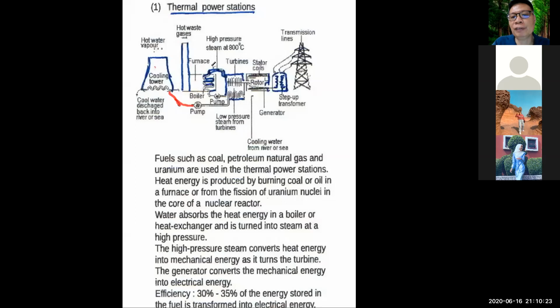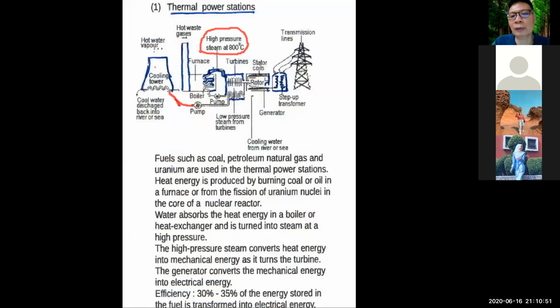So the steam will flow over here. The steam is high pressure steam, you know. Here low pressure, up here high pressure. You see, high pressure steam at 900 degrees. So basically, use natural gas, use petrol to boil the water, the boiler heats up water to change the water inside the pipe into steam.